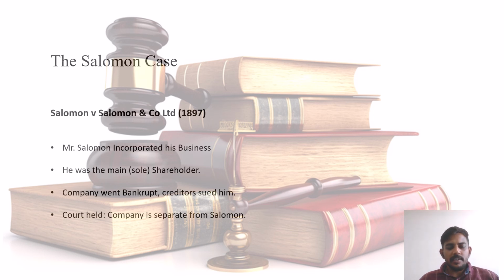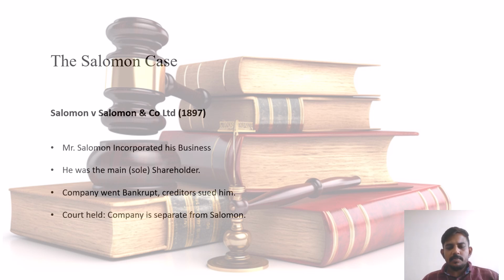While the company was legally a separate entity after incorporation, Mr. Salomon held the vast majority, if not all, of the shares. This raises the question about the genuineness of the separation between him and his company. The next point is that the company went bankrupt and creditors sued him.